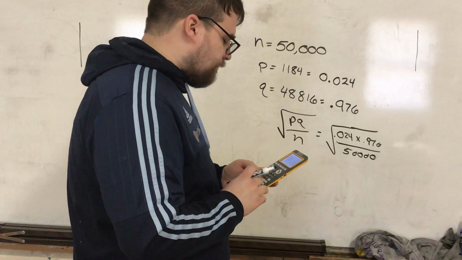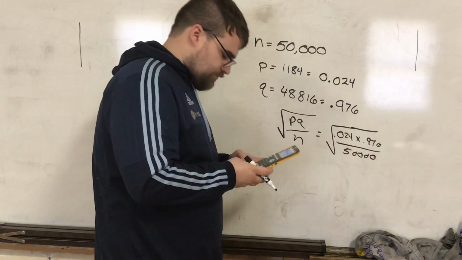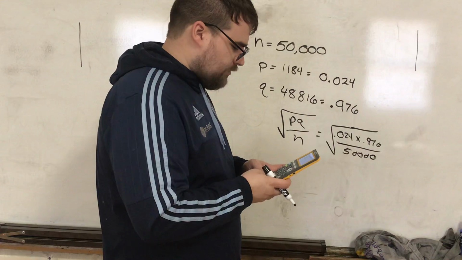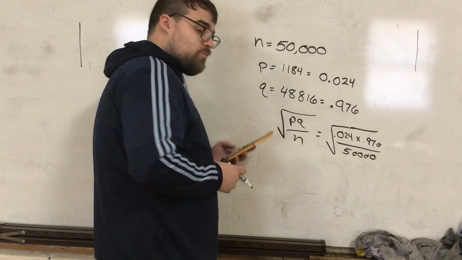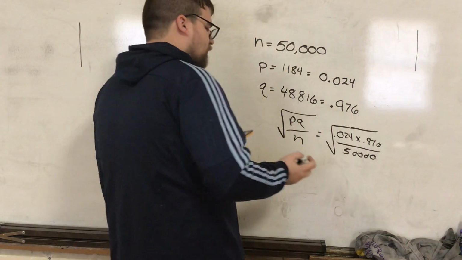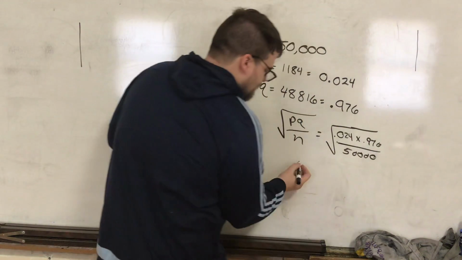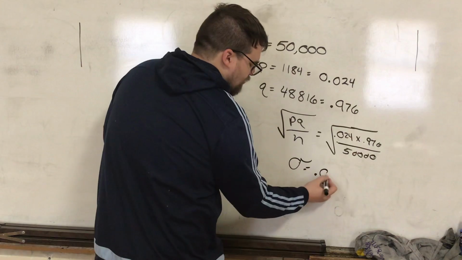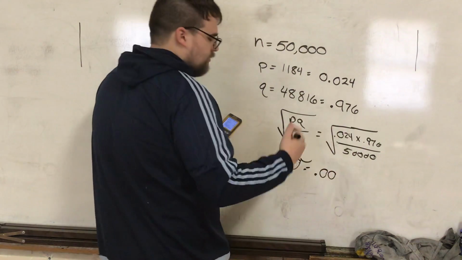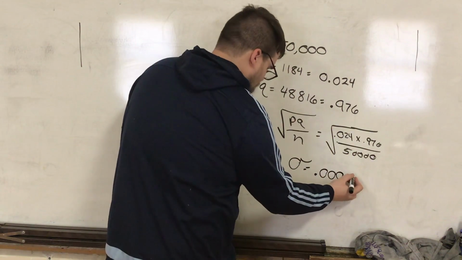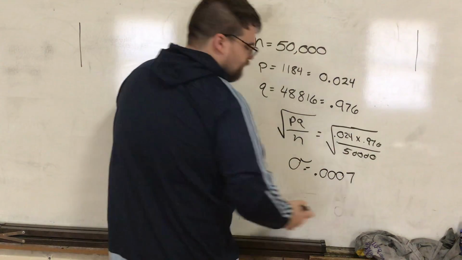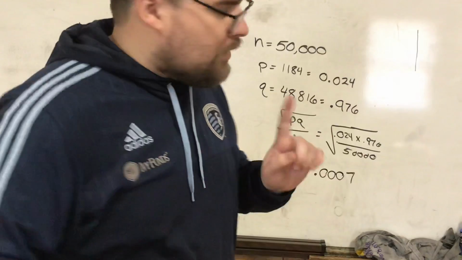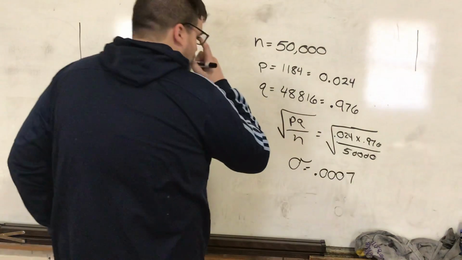But let's find out. 0.024 times 0.976 divided by 50,000. Yeah, we get a real small number. We get a standard deviation of 0.0007. Very small, right?